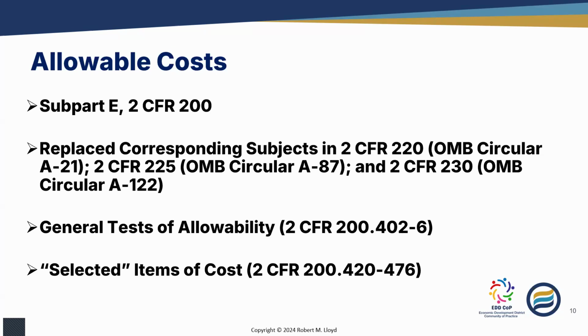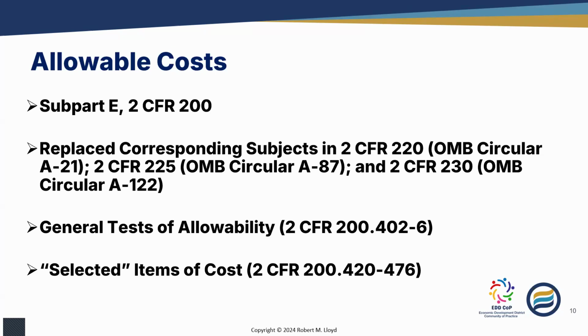And why were these selected? Because they either represent a type of cost that an organization customarily would encounter in the course of doing business with the federal government, or it's a type of cost that the federal government doesn't want you charging to them, or it is a type of cost that is relevant to a particular kind of performer. Well, let me give you an example of a cost they don't want you charging to them.